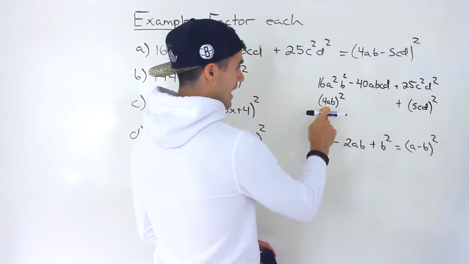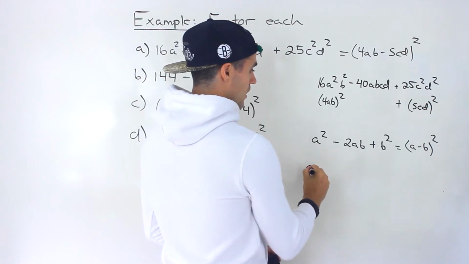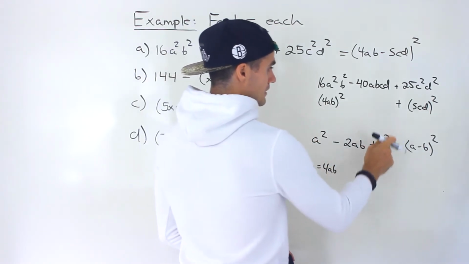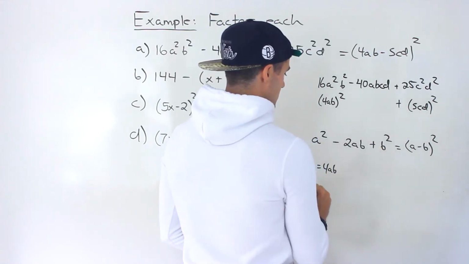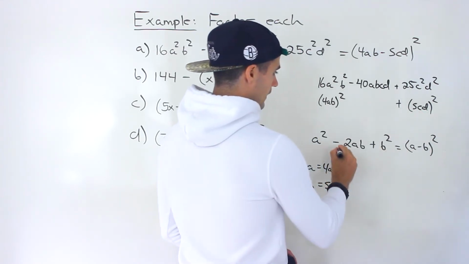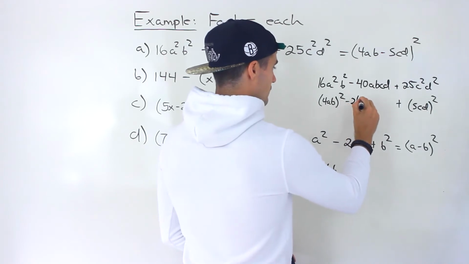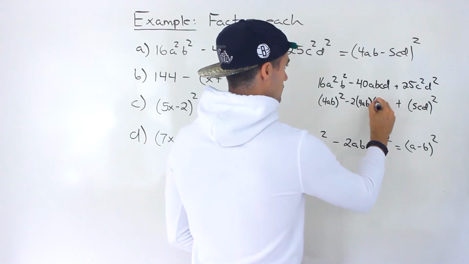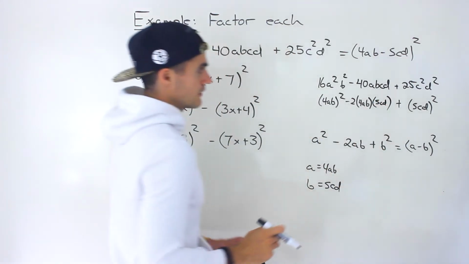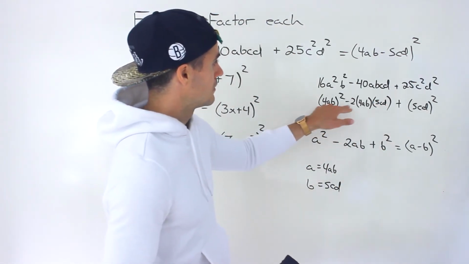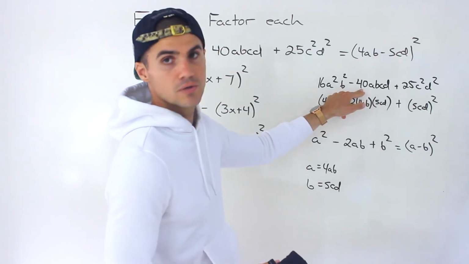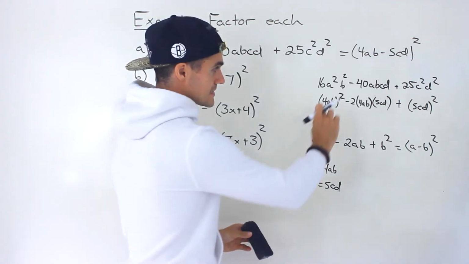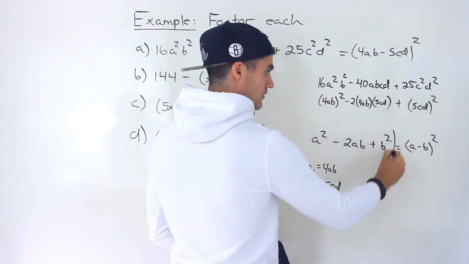So notice that the a value is 4ab, right? A squared, 4ab squared. Then the b value is 5cd. And then over here we'd have minus 2 times the a value, which is 4ab, times the b value, which is 5cd, like that. So when we multiply this out, notice that we do indeed get that middle term, right? And so it would factor, because it's in that format over here, right?